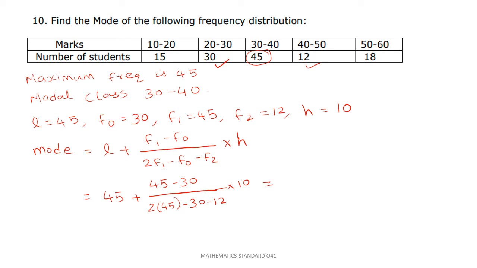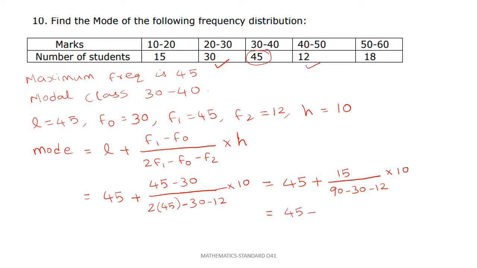So then you just do the mathematical calculations. So 45 minus 30 is 15 divided by 2 times 45 is 90 minus 30 minus 12 multiplied by 10.